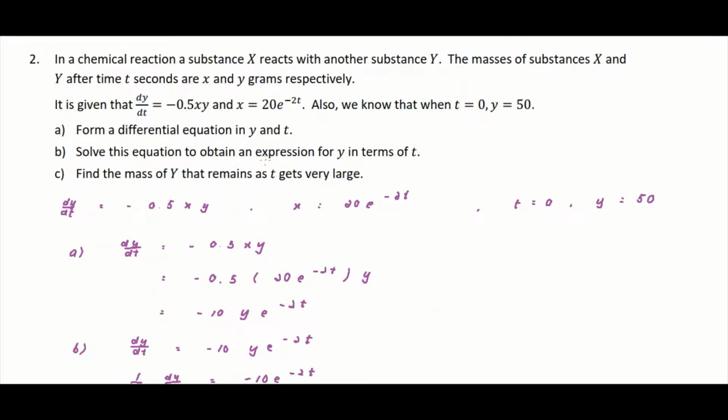Obtain an expression for y in terms of t. So your answer should be given in the form of y equals to what. So we try to change it into e, or you can combine the ln first. I think that would be easier. So ln y minus ln 50 equal to 5.